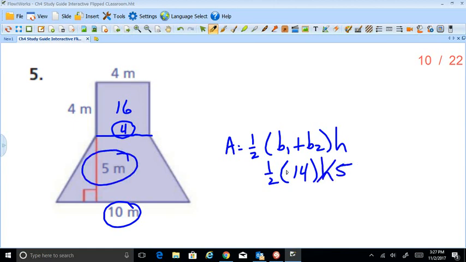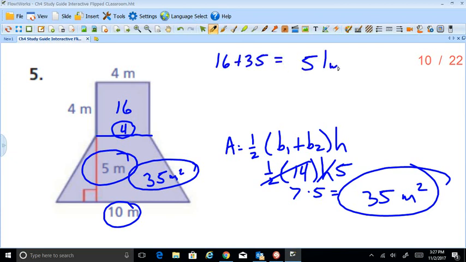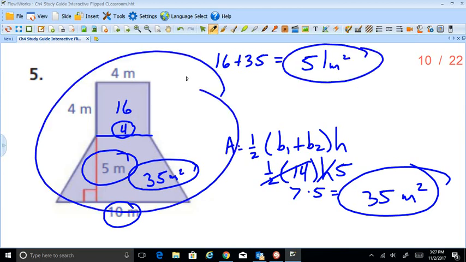Half of 14 is 7. 7 times 5 gives us a grand total, 35 square meters for the trapezoid part. Now I need to add it to my square part, so 16 plus 35 equals 51 square meters. That actually is the correct total answer for the whole composite figure.